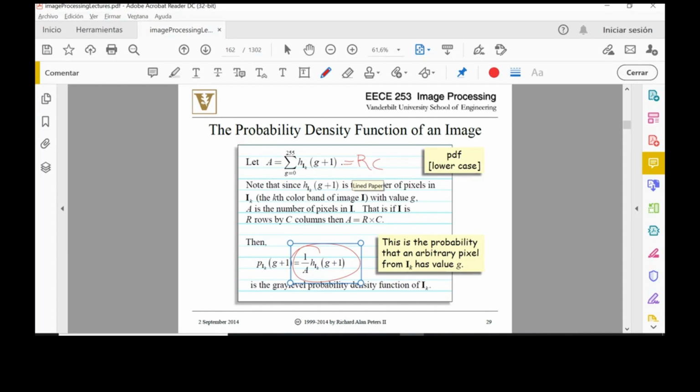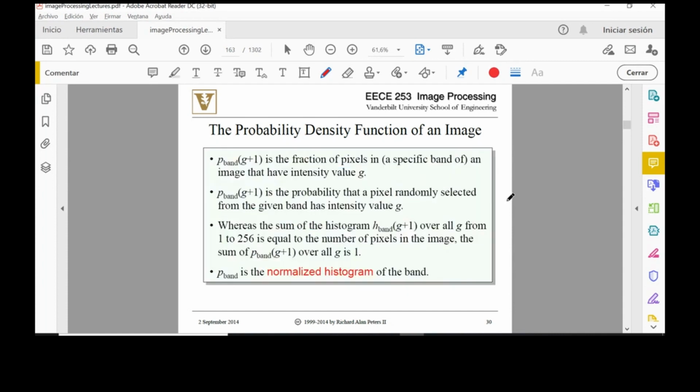If I count all the pixels, the total count has to be the number of rows times the number of columns. Then you can compute probability density functions for each one of the bands. You can think of the probability density function as a normalized histogram. So remember always that the histogram is the count, and the probability density function is the normalized count.